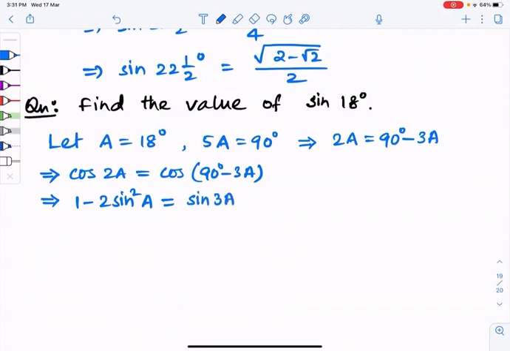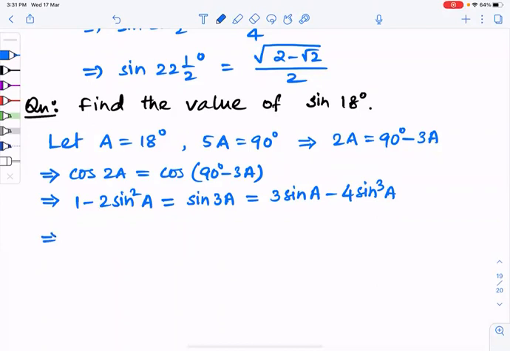And sine 3A has got a formula that is 3 sine A minus 4 sine cube A. Right? So you see, now the left hand side has all sine A terms, right hand side also sine A terms. We just rearrange them.